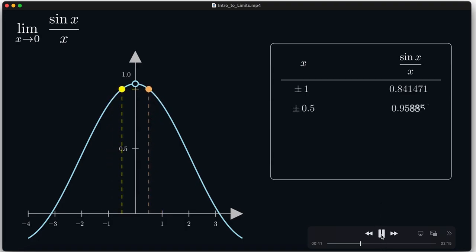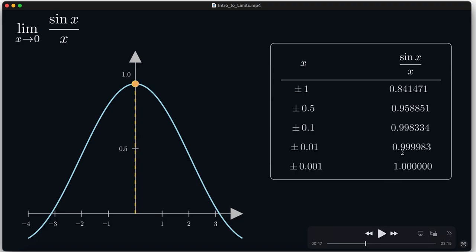If I get closer and plug in plus or minus 0.5, I get something closer to 1, 0.95, etc. If I get even closer, on my table 0.1, I get closer and closer to 1. So even though there's a hole there, we can verify with the calculator that the limit here is 1.